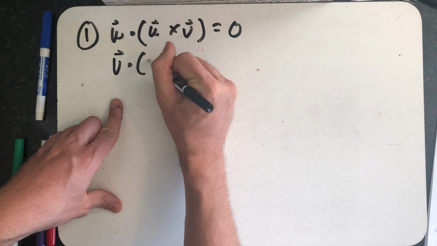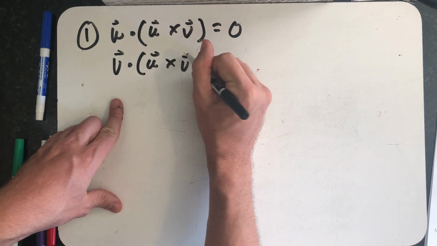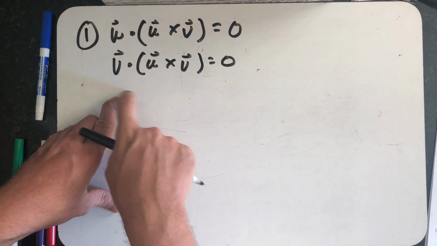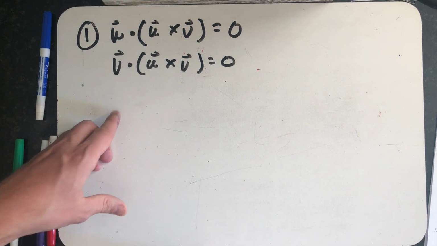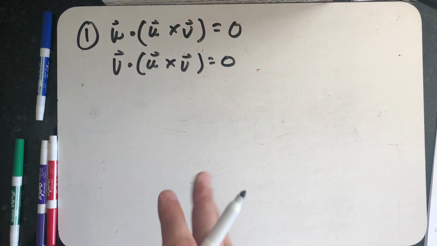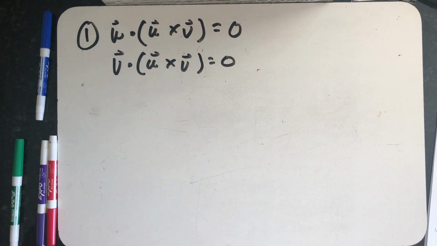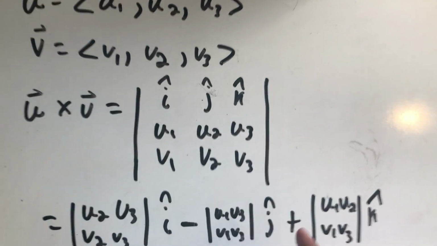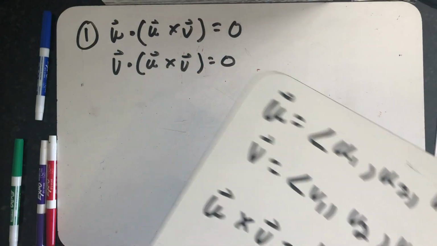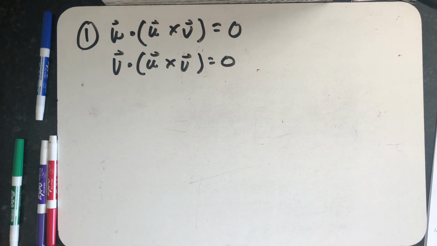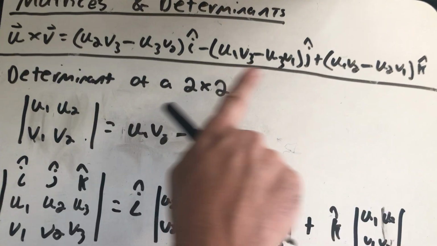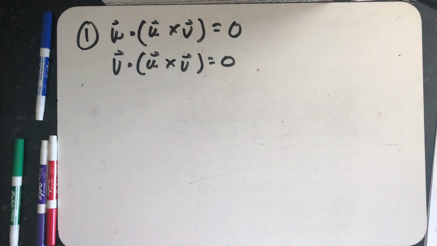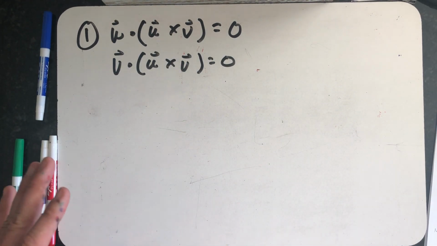Same thing with vector V and then U cross V. They're mutually orthogonal. All right, so you can actually show this by writing out U and V in symbols and then writing out what the cross product would be in symbols and actually doing the dot product, distributing everything out and making sure that everything cancels out. And that's a pretty good exercise for you to go through.